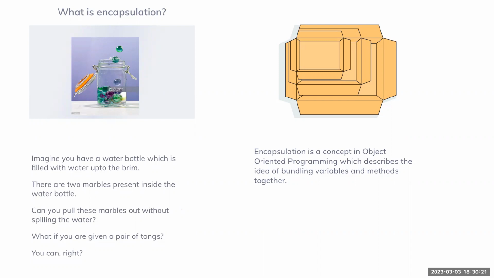So we have two tongs, which help us pull the private values which are inside the bottle. You are using a setter method or getter method to pull that value from that particular bottle. Similarly, encapsulation does the same thing.